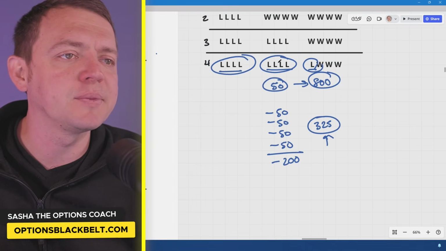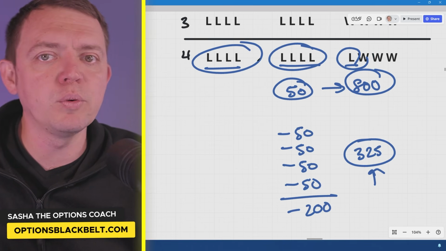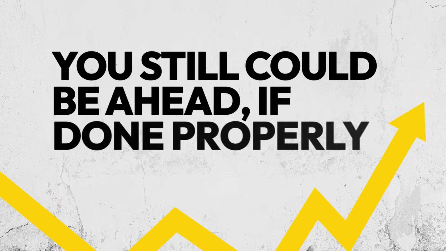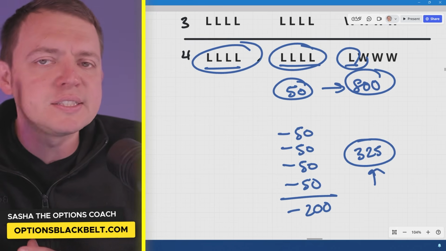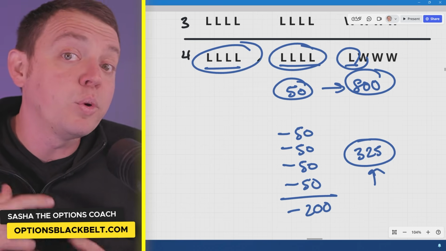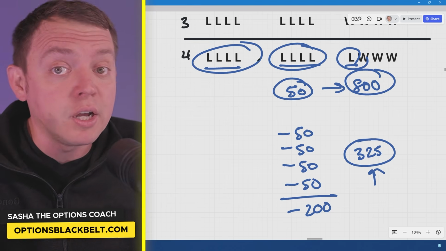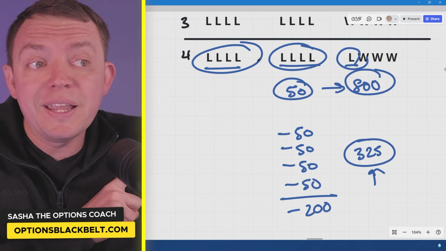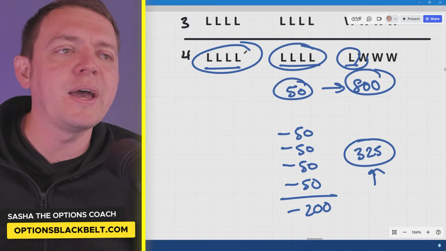And if you have something like this where you're losing 3 or 4 trades and then winning one, you still could be ahead if done properly and correctly. So think about this as the next part or piece of your framework when you're mapping things out for 0-day trades and for your small account, or even just planning things out, even if you've got a larger account, how this can really impact you.